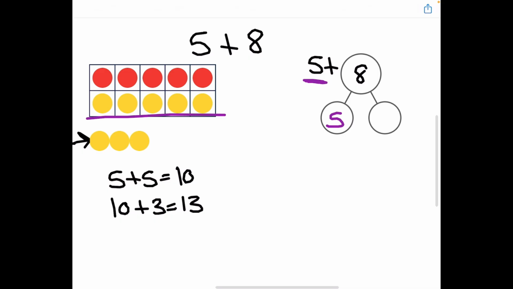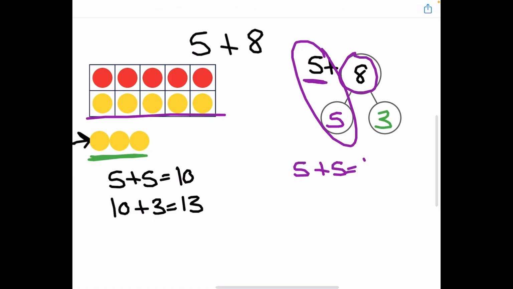So if we take 5 from 8, that 8 right there, we know that there's 3 left. So we broke 8 up into 5 and 3. Now we'll add 5 plus 5 equals 10. And we're going to add our second part that we broke. So we'll do 10 plus 3, and that gives me 13.